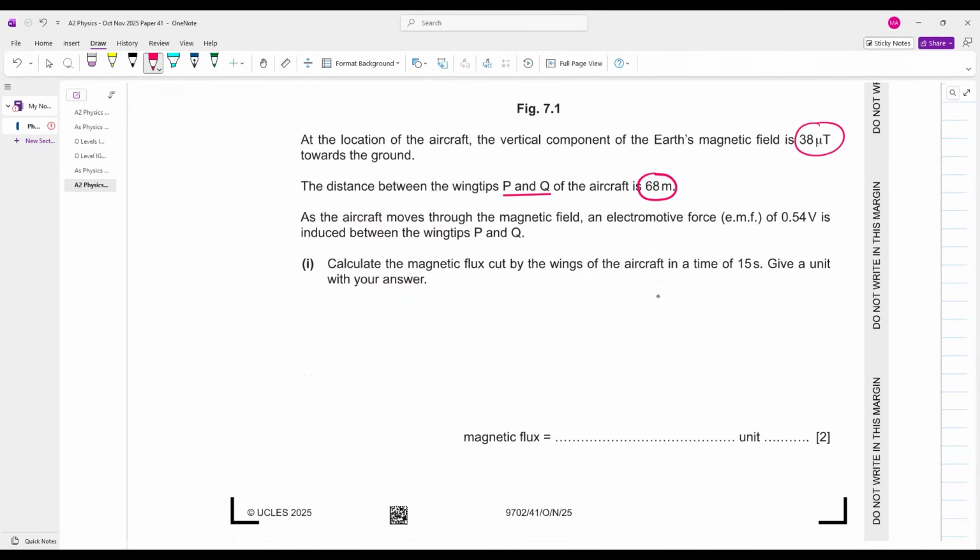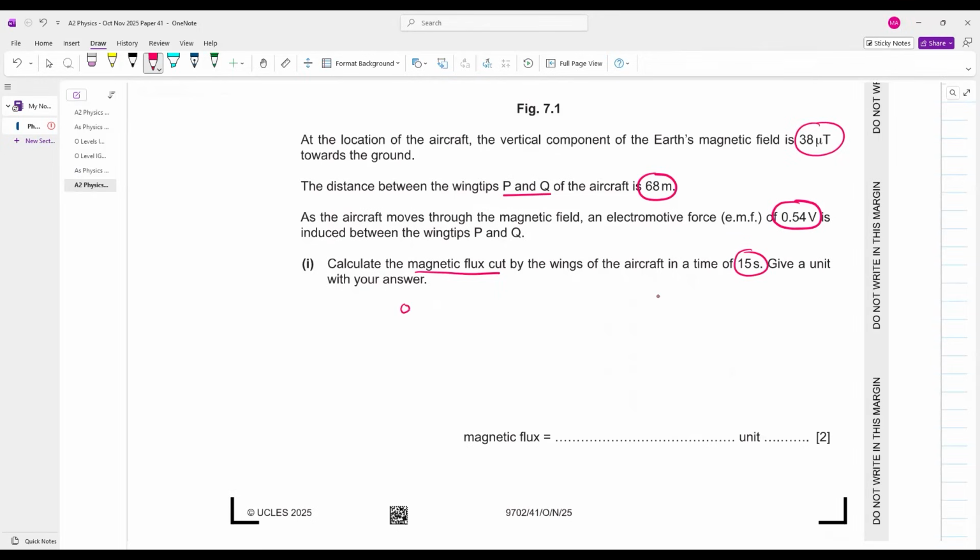As the aircraft moves through the magnetic field, an electromotive force of 0.54 volts is induced between the wing tips P and Q. Calculate the magnetic flux cut by the wings of the aircraft in a time of 15 seconds.